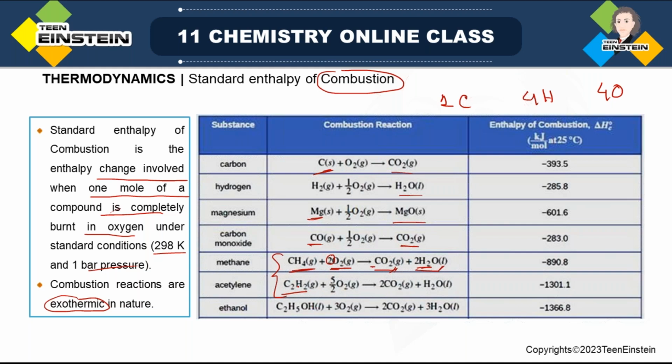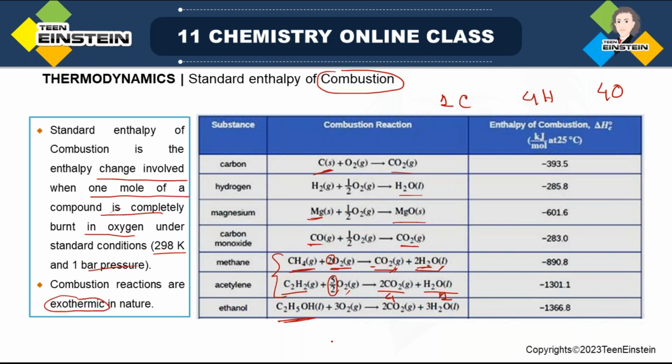Similarly, when it is acetylene, with 2 carbons, you have to put coefficient 2 before CO2, and 2 hydrogen, so simply H2O is fine. Now the total number of oxygen here is 4, and here it is 1, so 4 plus 1 is 5. So now the coefficient is 5 by 2, because the 2 will cancel, and you will be left with 5 oxygen on the left hand side as well as the right hand side.